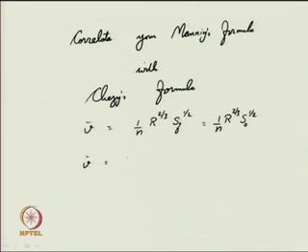Chezy's equation suggested V equals C r to the power of half S_0 to the power of half. From this, your Chezy's coefficient C is nothing but 1 by n r to the power of 1 by 6. You can easily see that, isn't it?